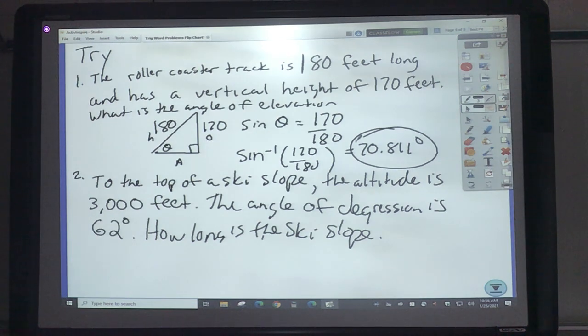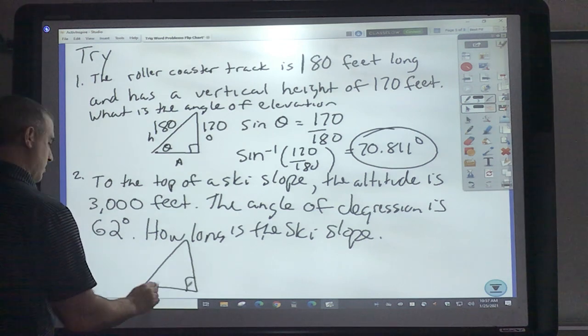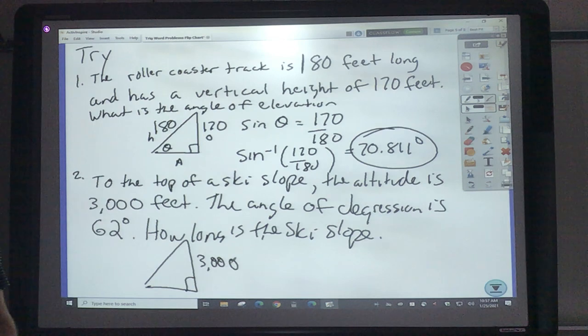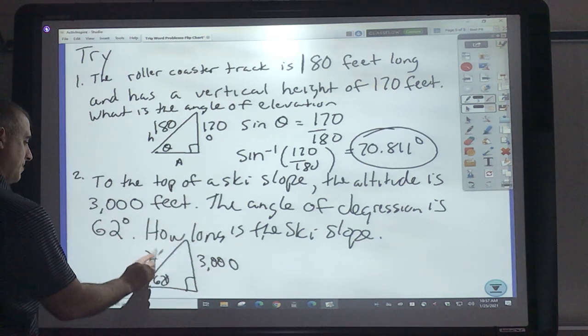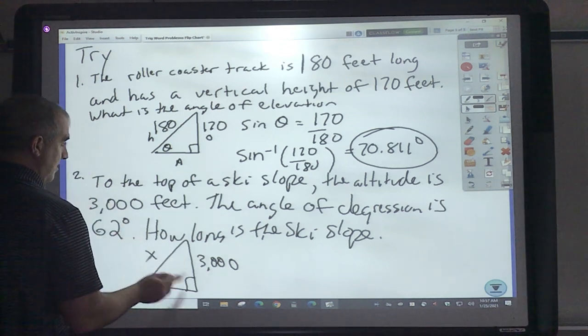Number 2 says, the top of a ski slope has an altitude of 3,000 feet. The angle of depression is 62 degrees. How long is the ski slope? Altitude, 3,000. 62 degrees would go here. The ski slope would be this part. This is going to be sine again, ironically.